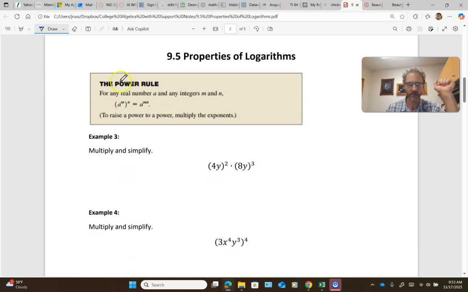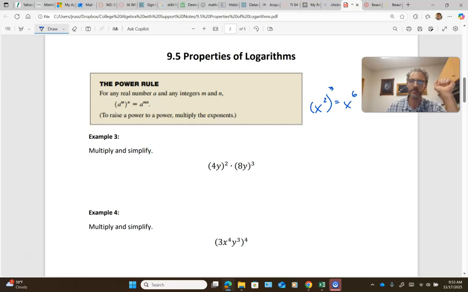Alright, and then the last one we'll look at is power rule. So this says if you have an exponential expression and you're raising it to a power, then you multiply the exponents. So an example here would be if I have x to the second and I'm raising that to the third, and that will become x to the 6th.